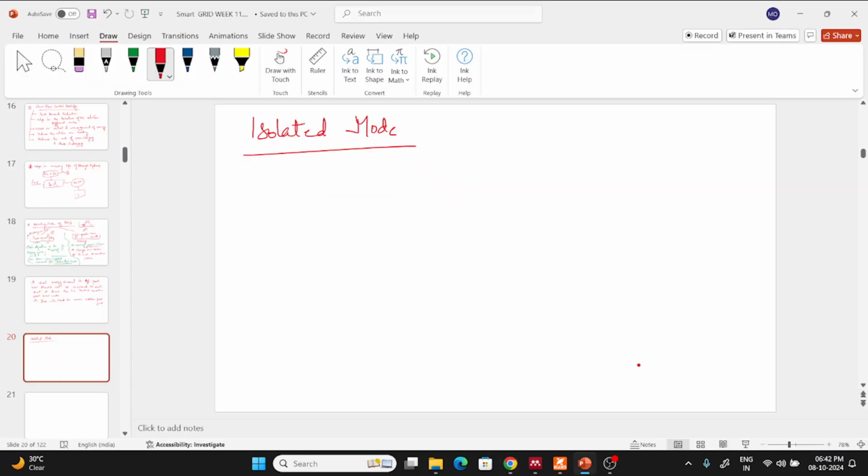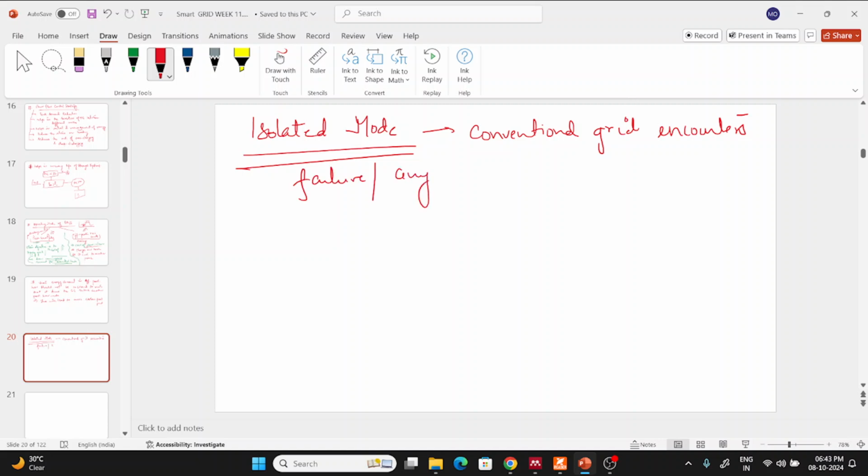In the isolated mode of operation, the conventional grid encounters failure, or I would say any outage.